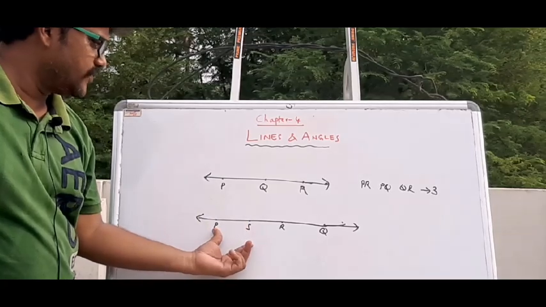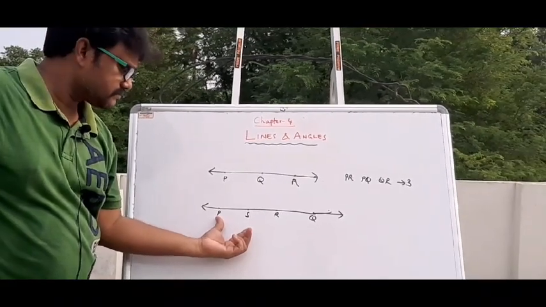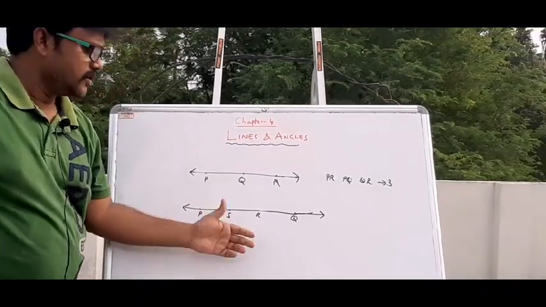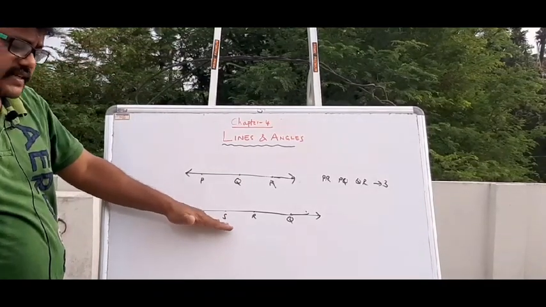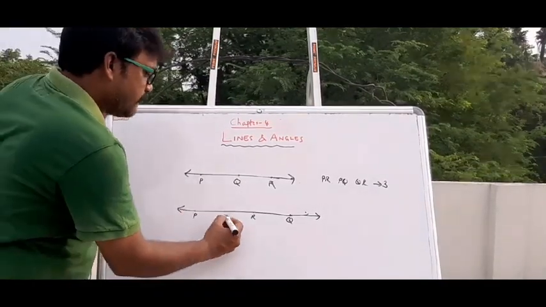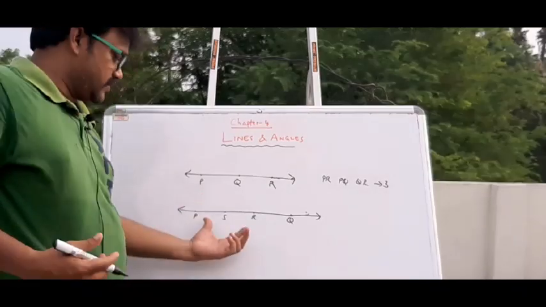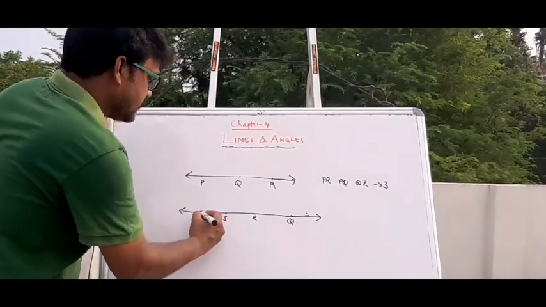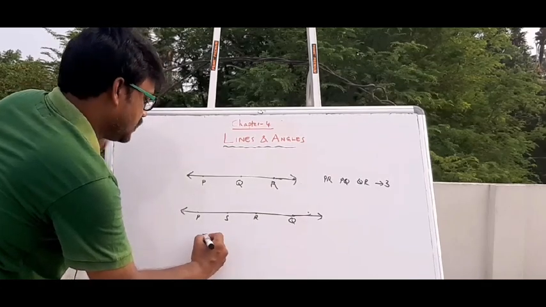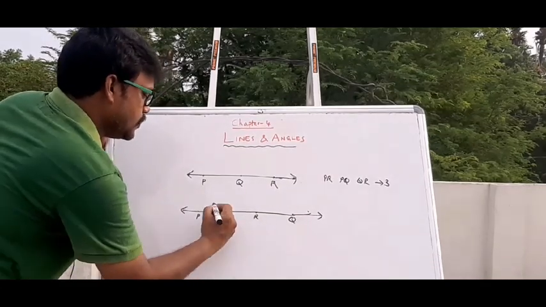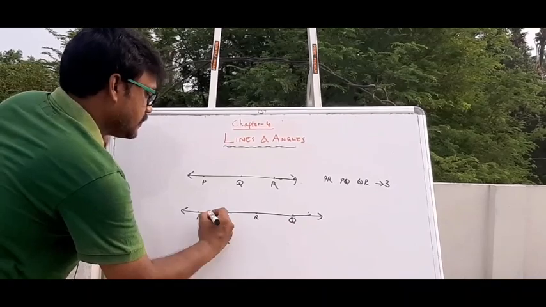In the same way, here is another line and there are 4 points on it. Now count how many line segments are there. Since we have 4 points, how many line segments can we obtain from this? Let me write like this. Let's start with PQ, PR, PS.